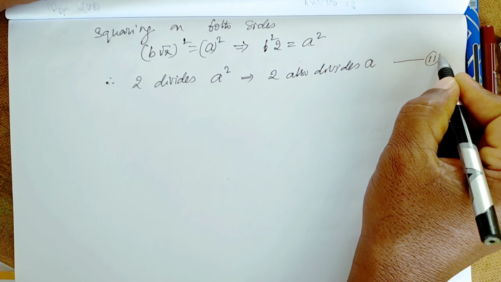Now, 2 divides A, so if we divide A by 2, we get quotient C and remainder 0. Therefore A is equal to 2C plus 0, that can be written as A is equal to 2C.